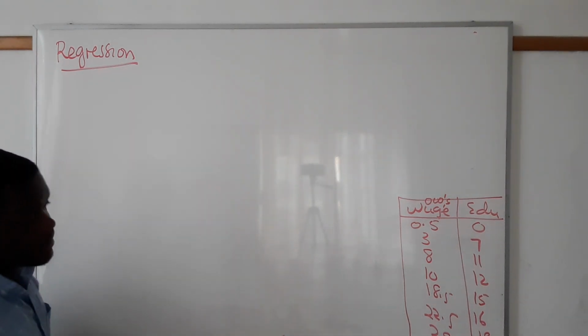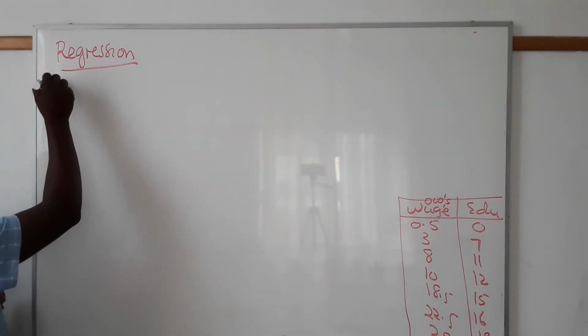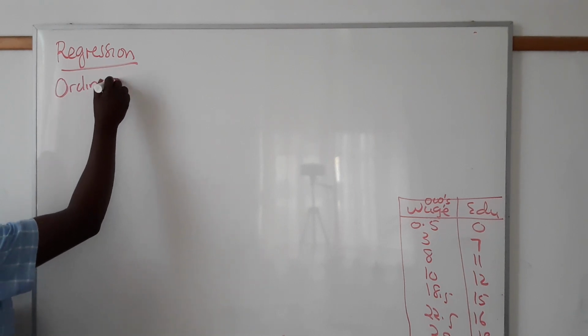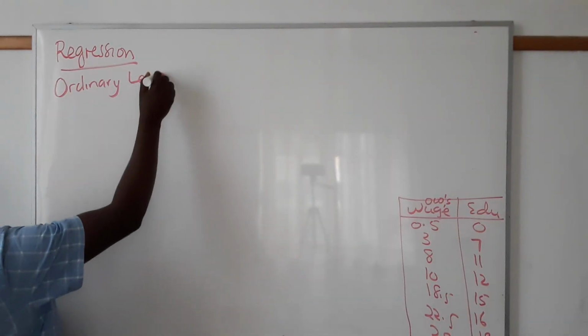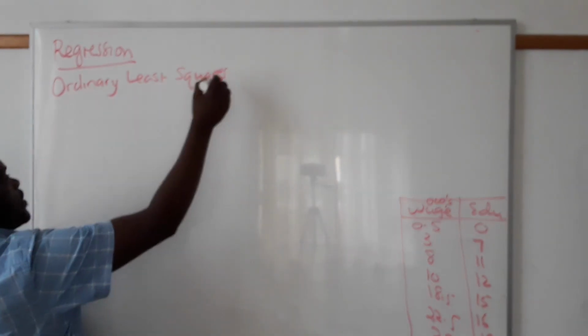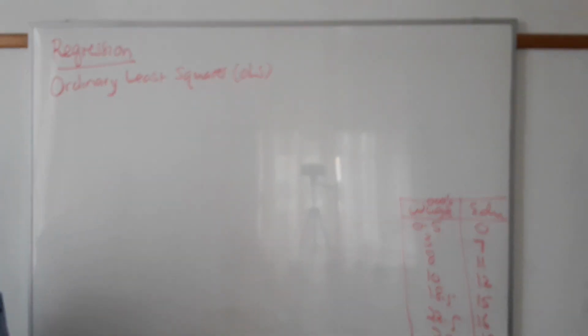So what econometricians settled on years ago is a method called ordinary least squares method. So in short, it's called OLS.